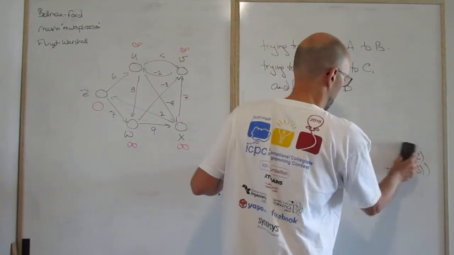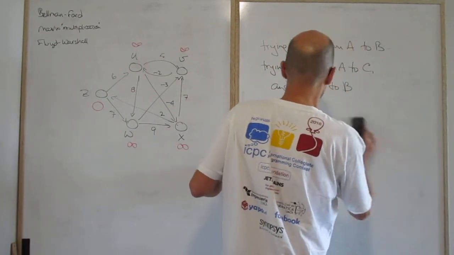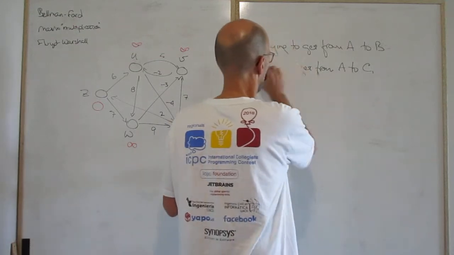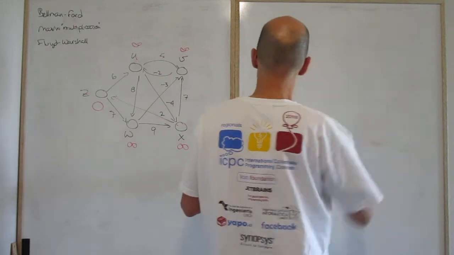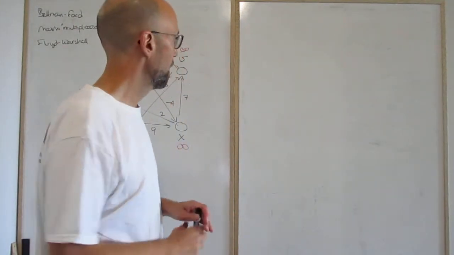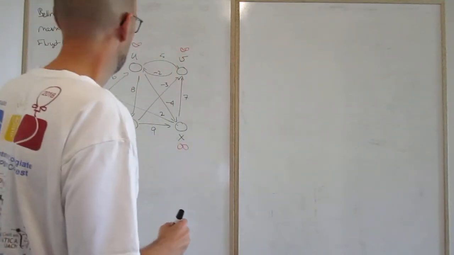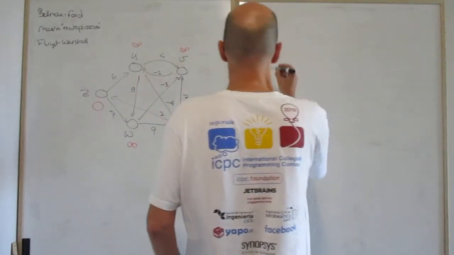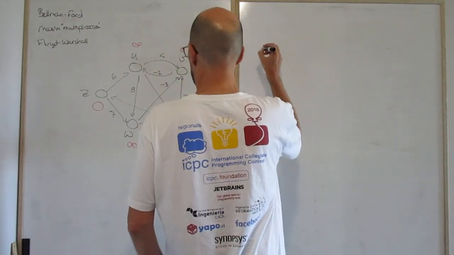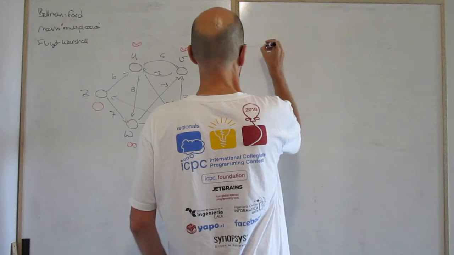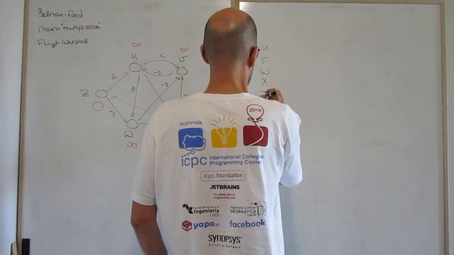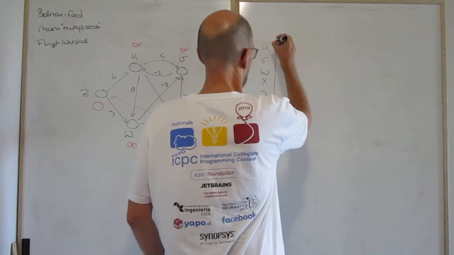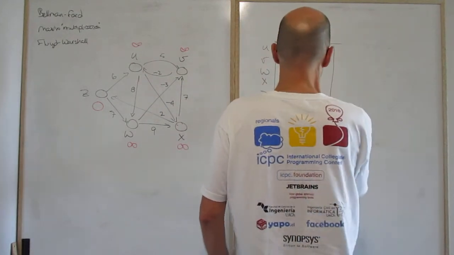Let's write a matrix. Let's look here. This is U, V, W, X, Z.